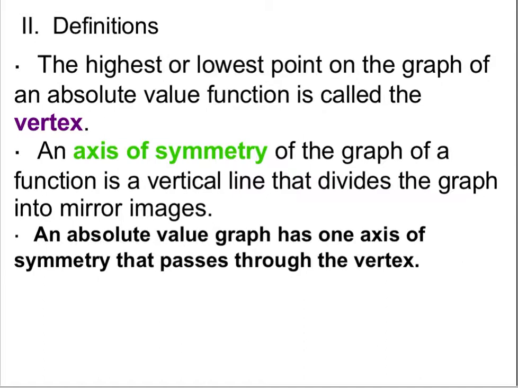So the absolute value function and the parabola both have an axis of symmetry, and an absolute value graph has one axis of symmetry that passes through the vertex, as does the parabola. So they are very similar.